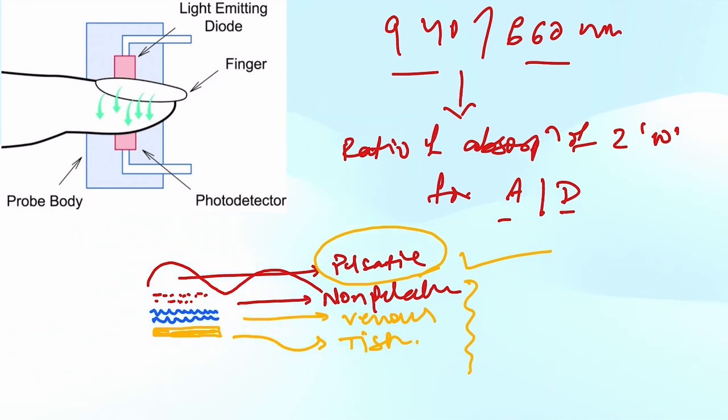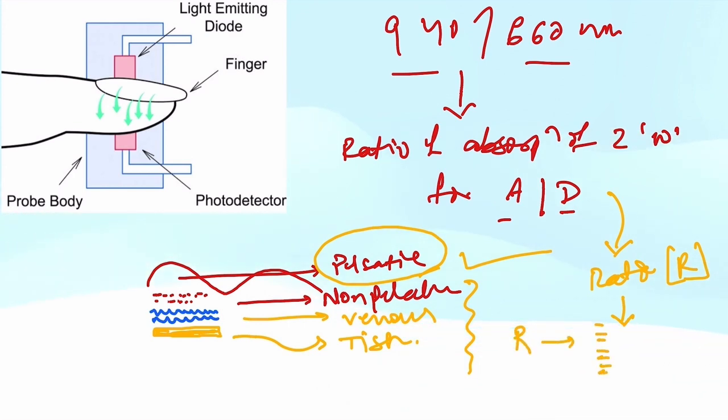And this ratio or R value is incorporated in an algorithm, right? So respective R values are calculated and they are placed in an algorithm for the respective SpO2 value, and this algorithm is stored in the microprocessor.